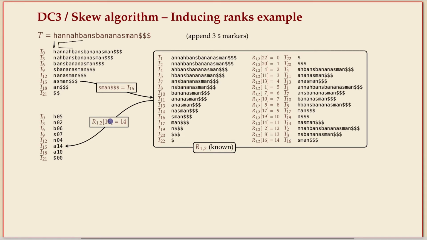And the number is the rank of what's left. So for example, in this case, T15, when I split off the first character, it's T16, what's left, the S-man part. Then I look up rank of 16 is here. So I find that's 14. So I take that rank and put that as a number here. And the last slide hopefully convinced you that this retains the relative order of all those.